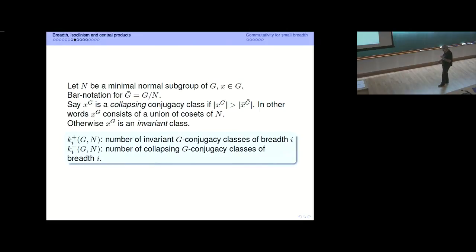It means that they consist of one element in the conjugacy classes of Z of X, in the cosets of Z of X that contain some conjugate of X. So this is my notation for the number of invariant conjugacy classes of breadth i, Ki plus, and Ki minus will be the number of the collapsing G conjugacy classes.